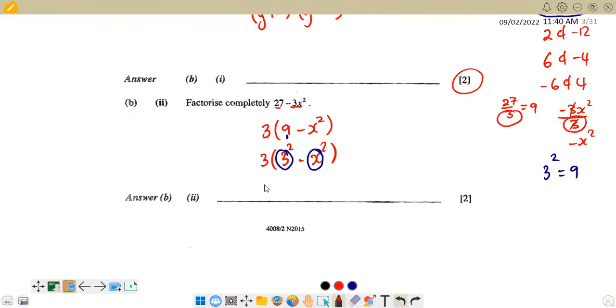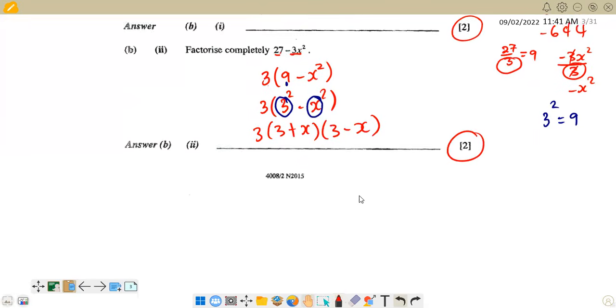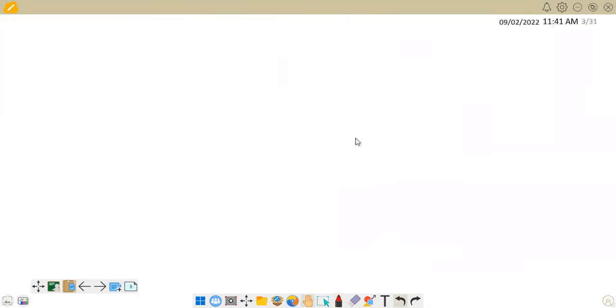And one of the brackets, remember I told you guys, is going to add, and another bracket is going to subtract. Okay, so that's what you're going to have at the end. 3 into 3 plus x, 3 minus x. So what you simply need, guys, is to understand the concept that you're given. All right, so that's it, guys. We've got 2 marks here. Let's see the other part. Do we still have anything here? All right, we do not have. Let's go to the next page.